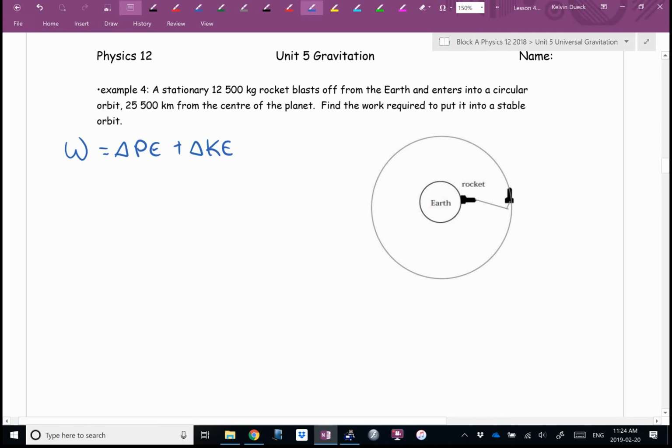I recommend, Samira, finding each of these separately. Which one do you want to find first? Change in potential or change in kinetic? Okay. That's going to be negative big G big M little m over R final minus negative big G big M little m over R initial.